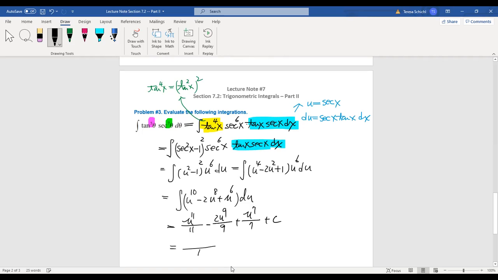So the final answer will be secant x to the 11th power over 11, minus 2 over 9 secant x to the 9th power, plus 1 over 7 secant x to the 7th power, plus C. Okay, so this is our second part.